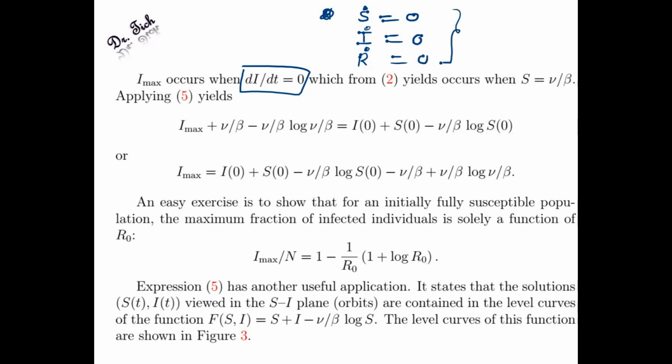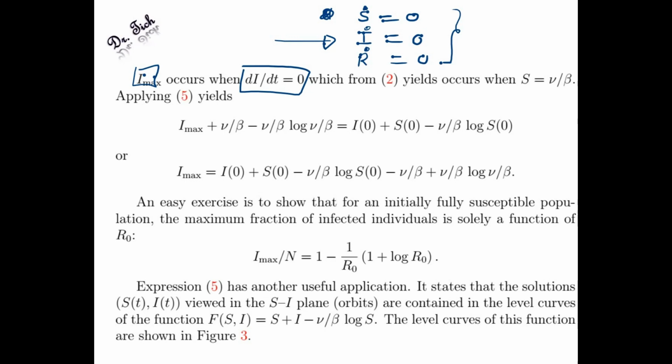This is where we get our steady states. So when I dot equals 0, that's where we get our maximum number of infections, all right?